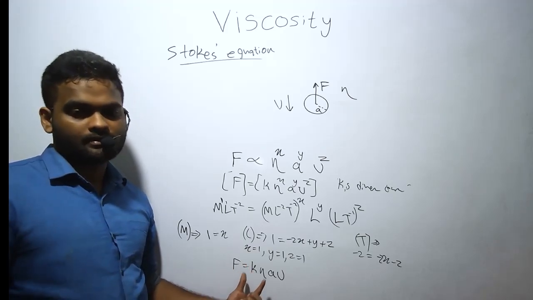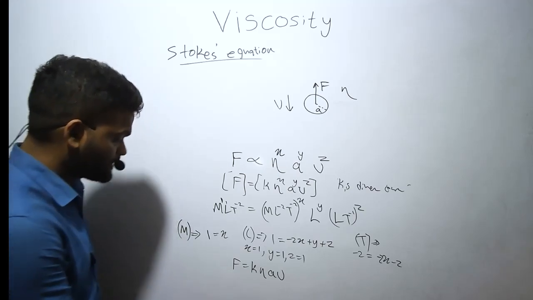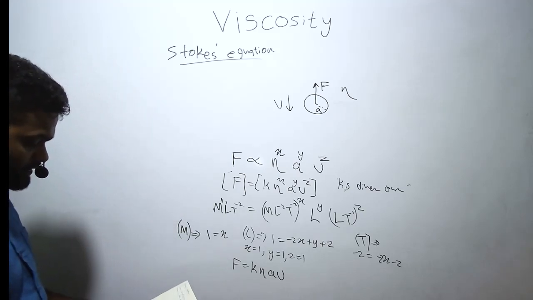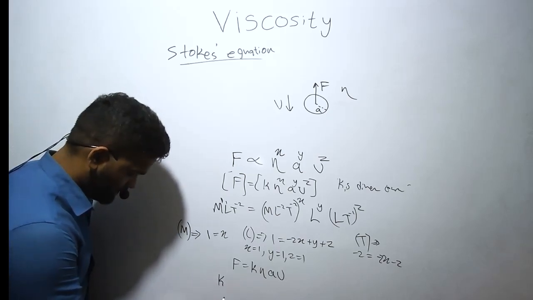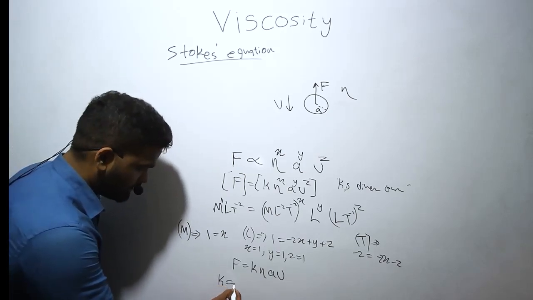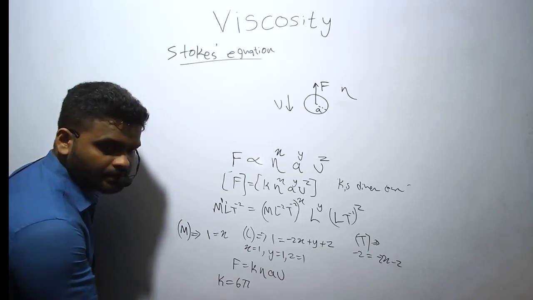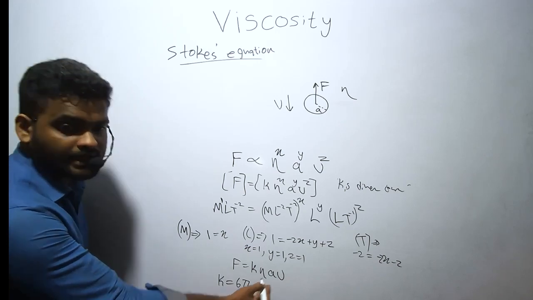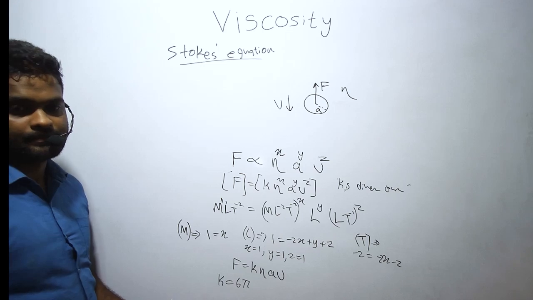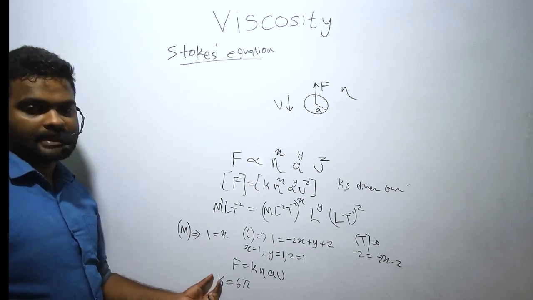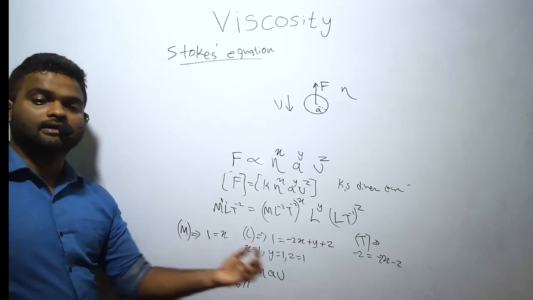Below this equation, write: k equals 6 pi is found experimentally.